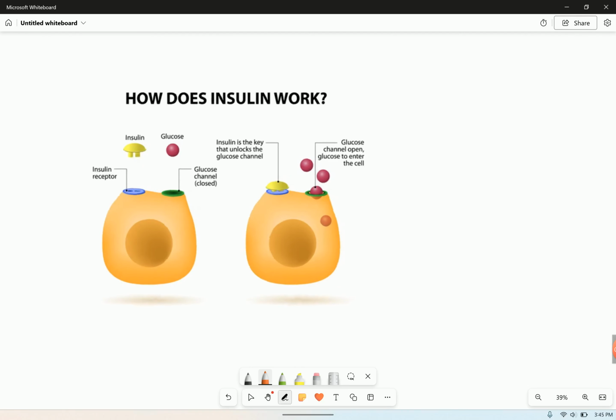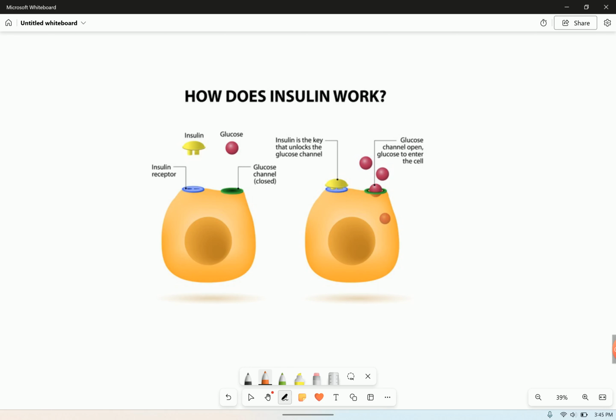All right, so if we look at this diagram, how insulin works. The pancreas will release the insulin because of high blood sugar levels due to eating.